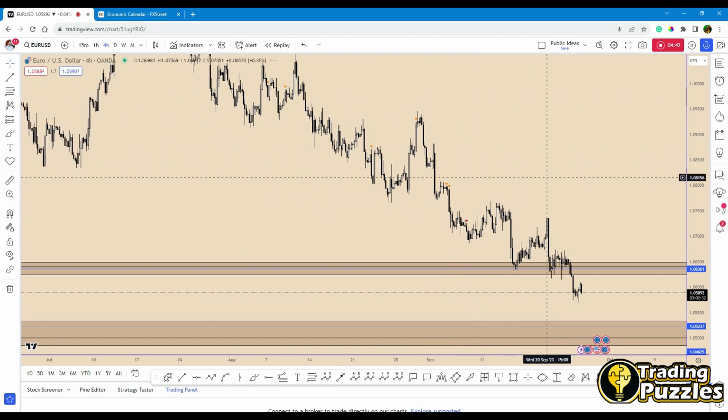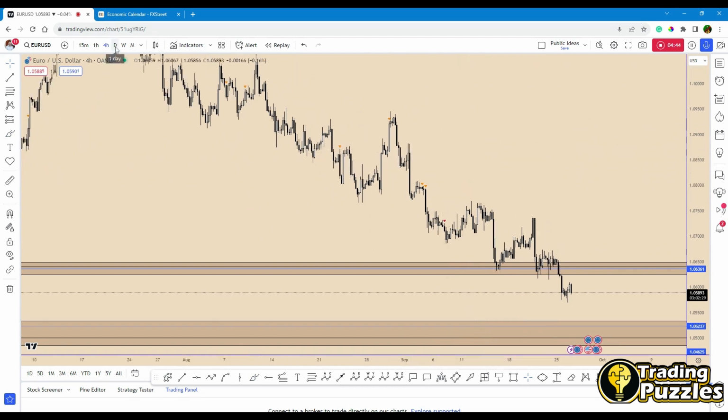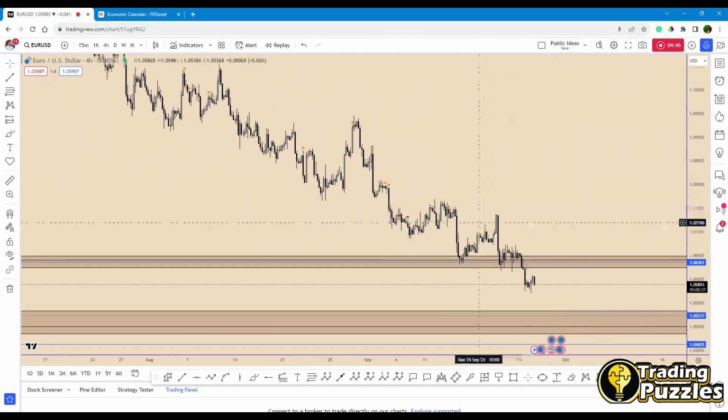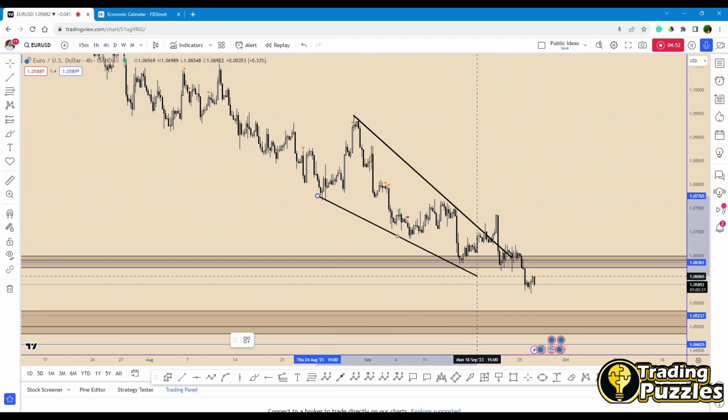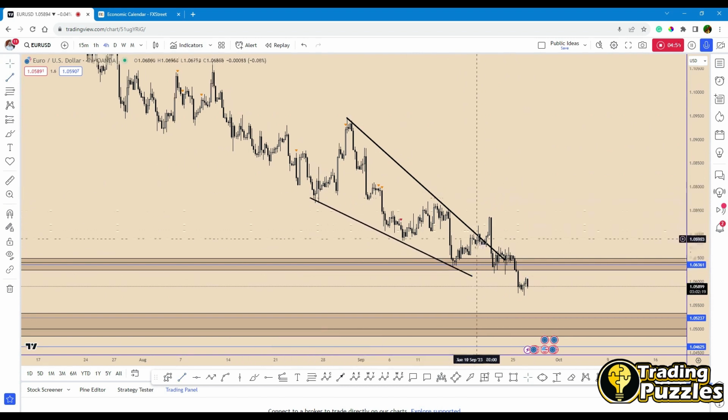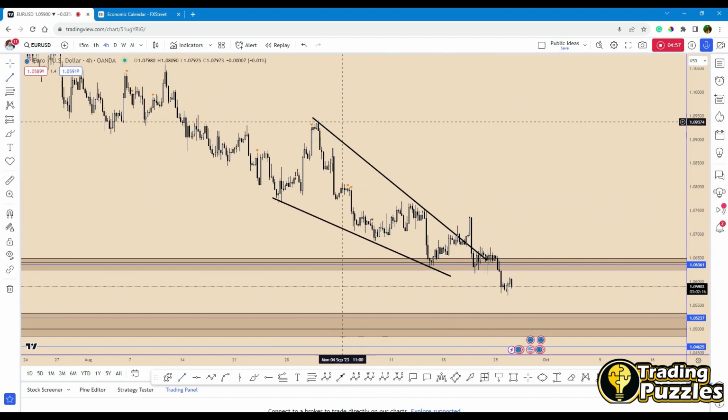So let's see what is happening on a 4-hour time frame. During FOMC, the price broke out from this piece of information. We had the wedge pattern, and the chances were very high that the price was creating this type of wedge pattern.